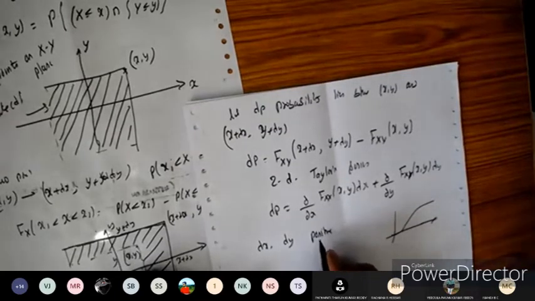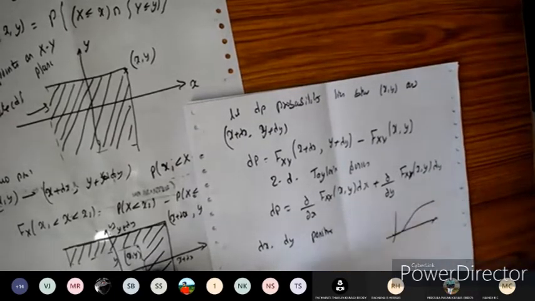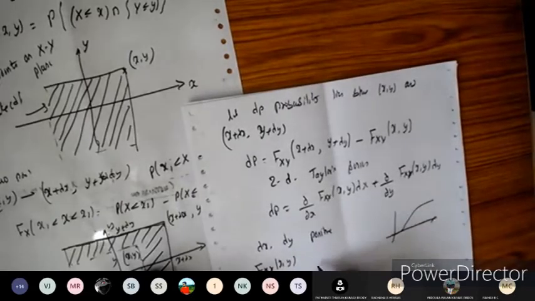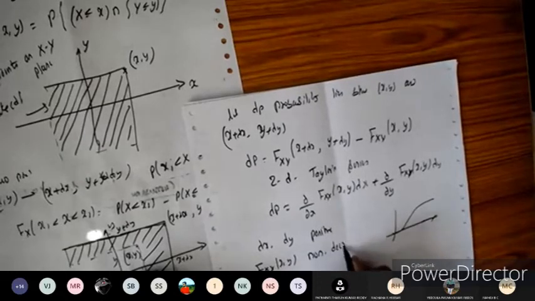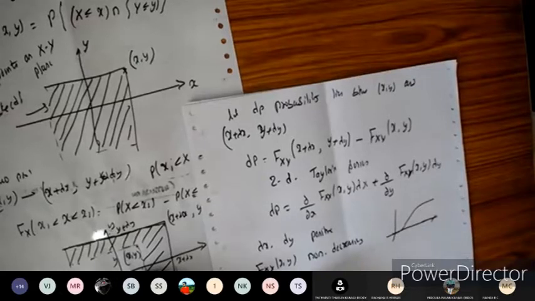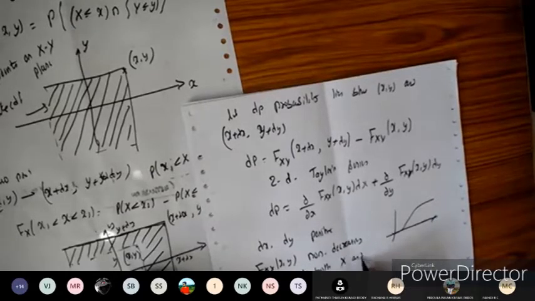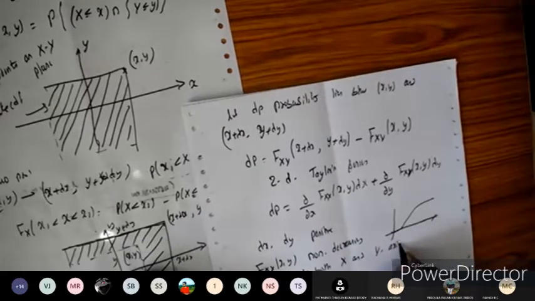And F_XY of x comma y is also a non-decreasing function in both the x and y axes.